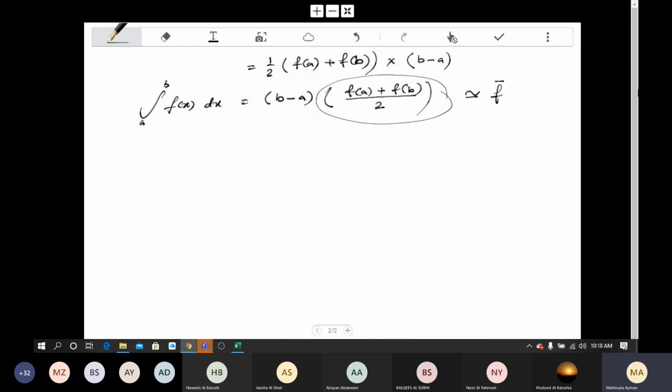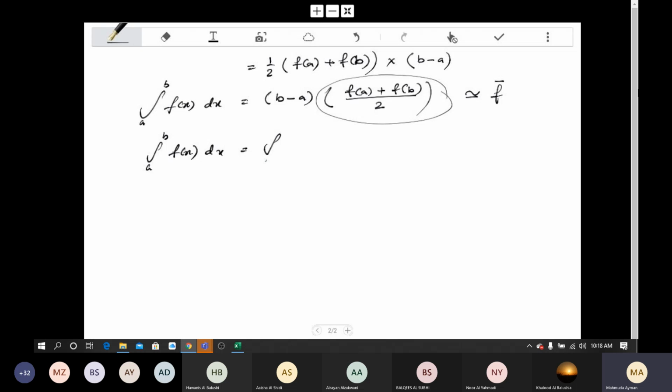So we just said that for deriving the formula of the trapezoidal rule to find the integral of a function from A to B, what we do is draw a straight line, right? A straight line is a first order polynomial.